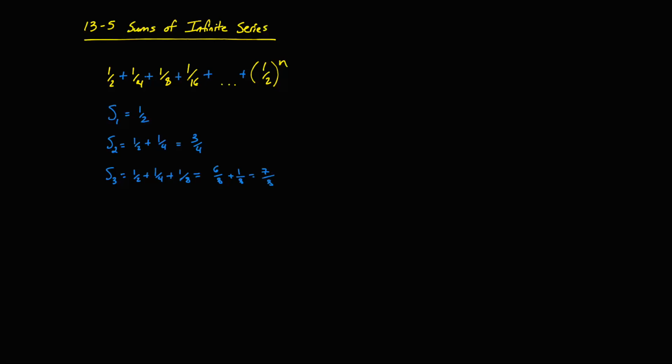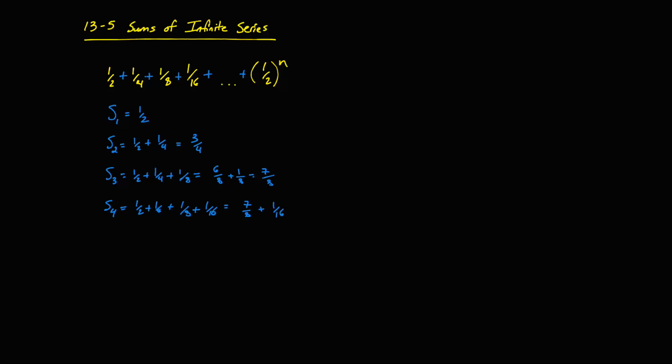Huh, all right. Let's do another one. Why not? Let's do the fourth one. And I don't know if you're noticing yet, there's something very peculiar going on. Plus 1/16. Well, you might have a hunch what we get here. We have 7/8 plus 1/16.